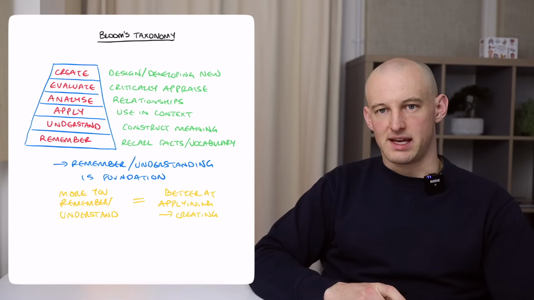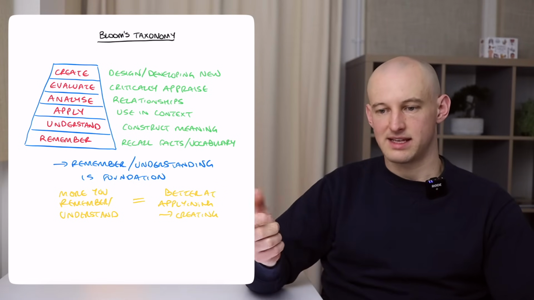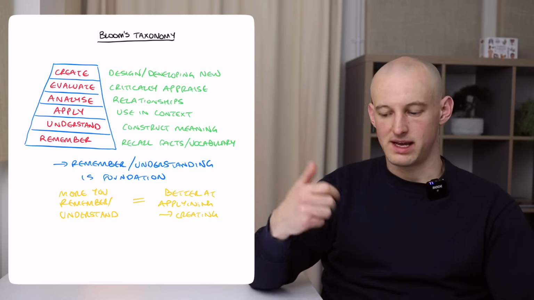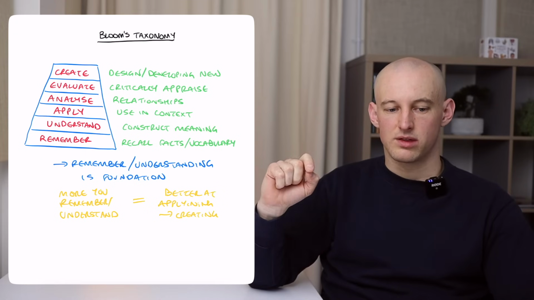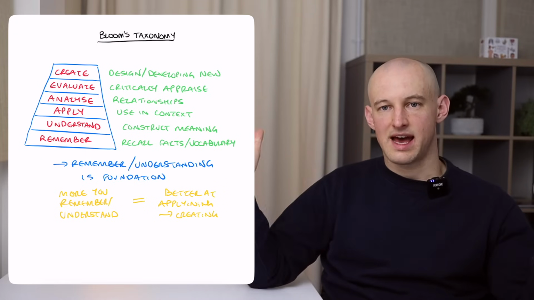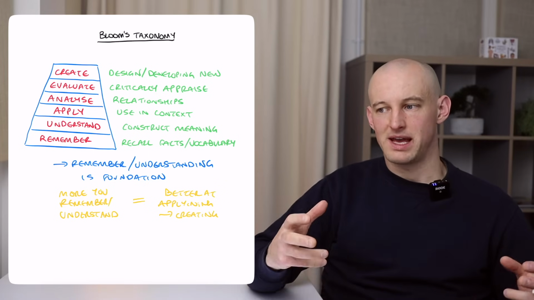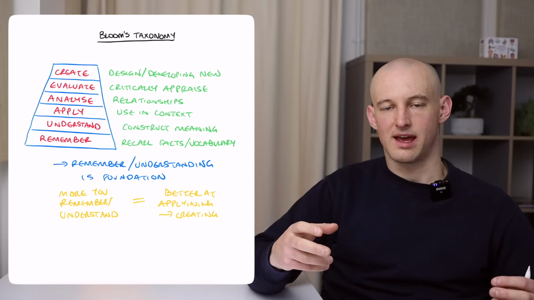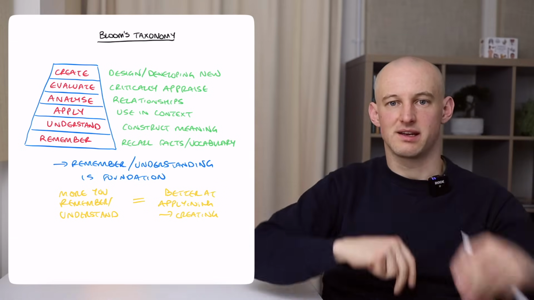The problem is what we try and do then is skip to the higher step. So evaluating or creating without having that foundation. So let's say you need to have access to 10 items of information in your brain stored there in order to put all this information together and evaluate something new.